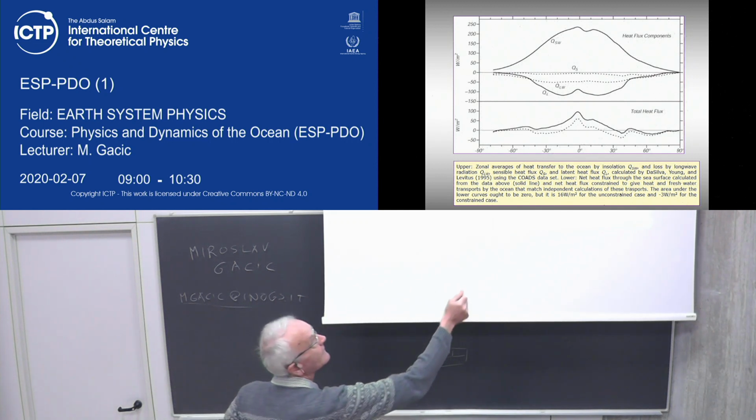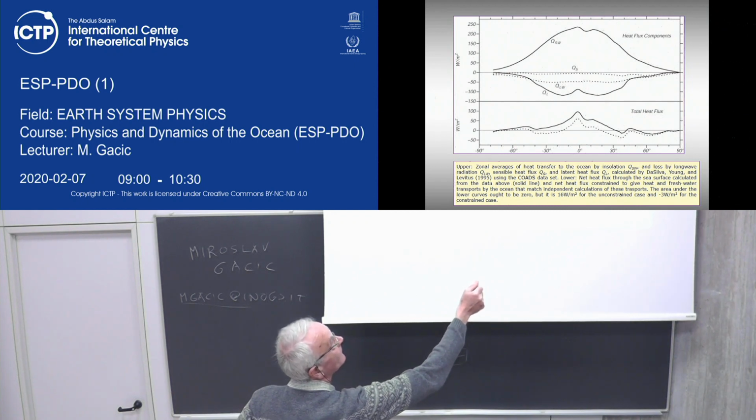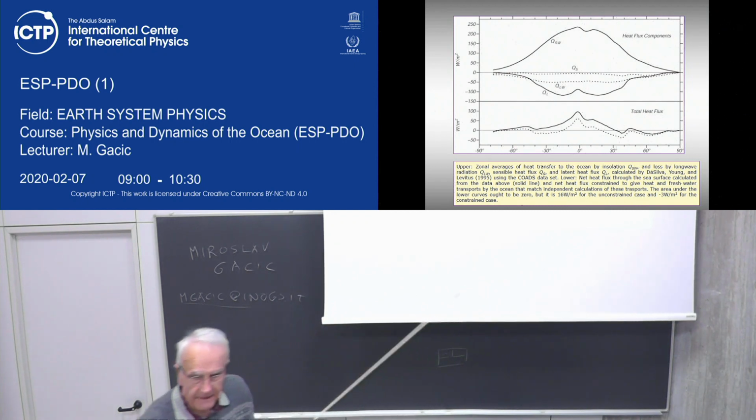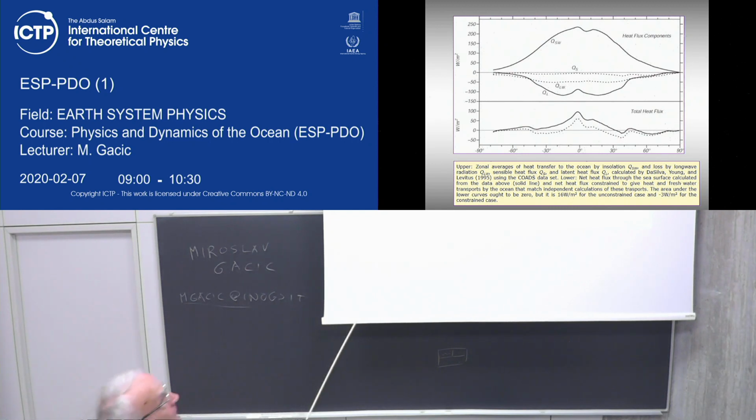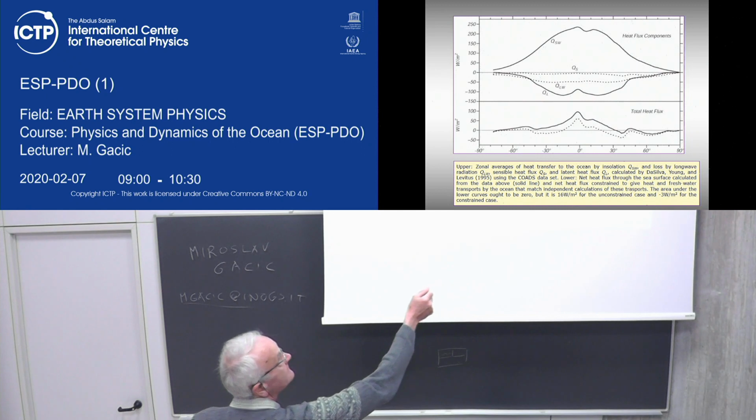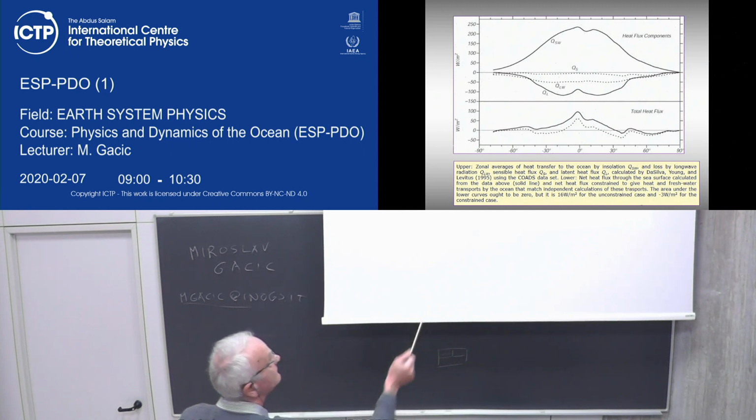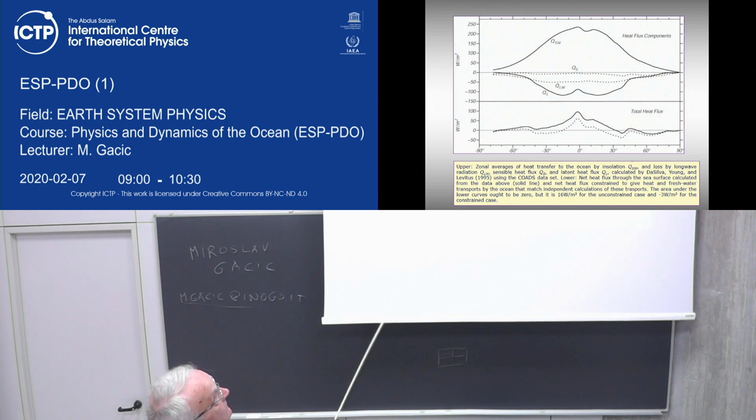There is a local minimum here around the equator, but this is due to the increase of clouds at the equator. It's a subtropical area where you have a lot of rain. Okay, you probably know better than me. So you see that you have a large quantity of heat transferred to the ocean around the equator and from mid-latitudes north to the south.